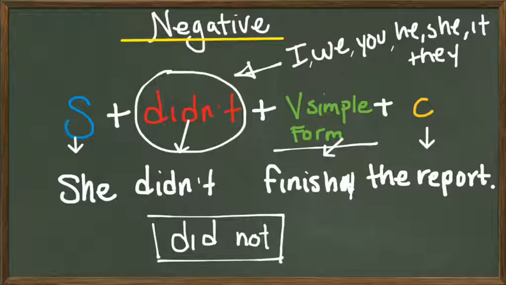And of course a complement, the report. And the result is she didn't finish the report. It is very common to confuse this, so it's always important to remember that our verb in the negative form will be in simple form.